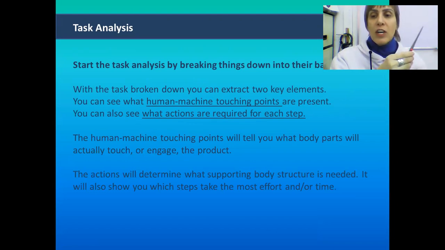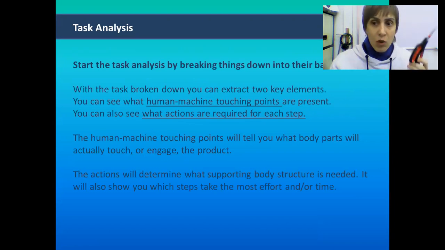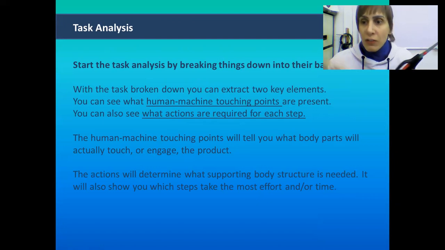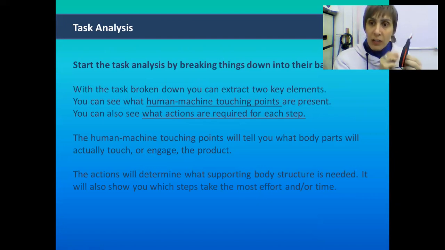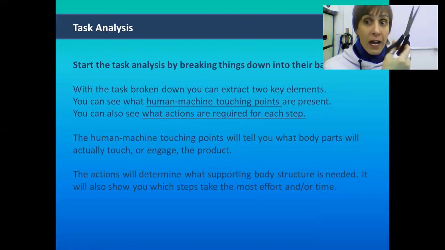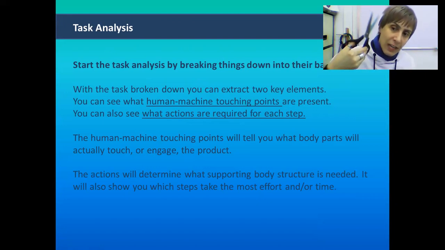So where are the touching points between the human and this, call it a tool, a machine, a system, whatever you want? We need to identify, when I am performing a task, where the touching points are.